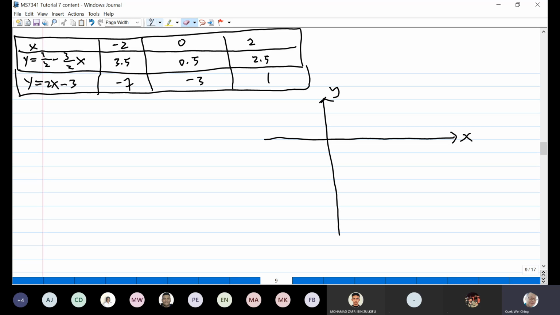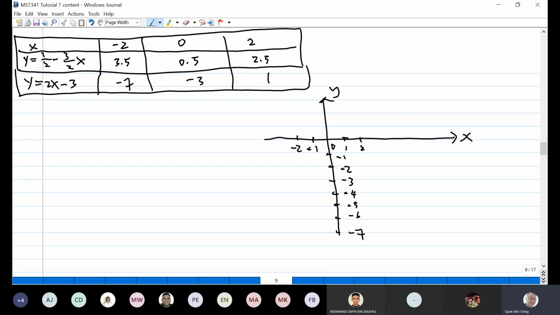This is minus 1, minus 2, 0, 1, 2. So I go according to the scale, and this is minus 1, minus 2, minus 3, minus 4, minus 5, minus 6, minus 7. The y value is negative below the x-axis.